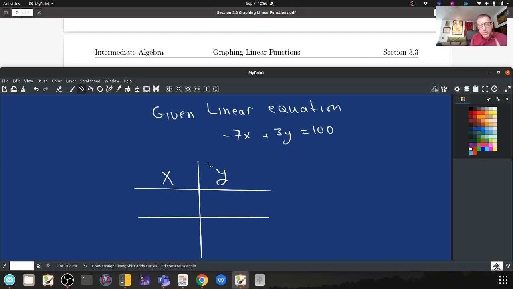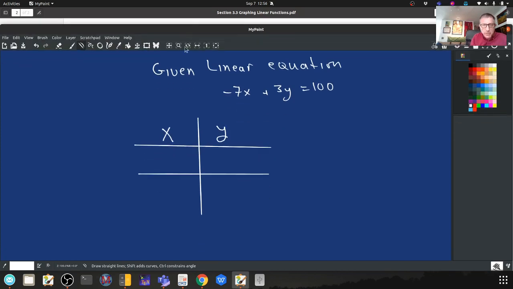For linear equations, the double choice, one of your choices is you choose x to be equal to 0, and you solve for y. Y is equal to what number when x is equal to 0? And your second choice should always be y is equal to 0, and then you solve for x.